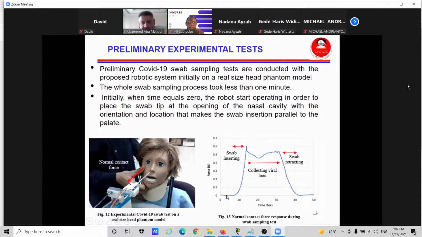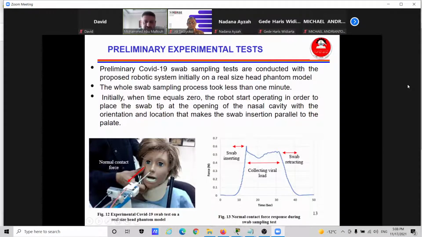And the test is divided into 3 stages. Let's start at time 0 here. At time 0, the manipulator moves the swab, and this is done manually by an operator who is far away from the patient and controls the robot remotely.